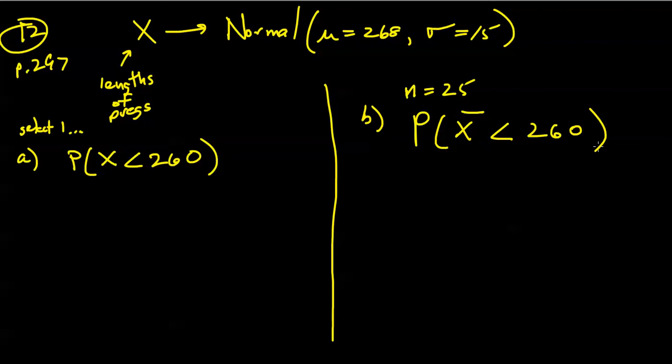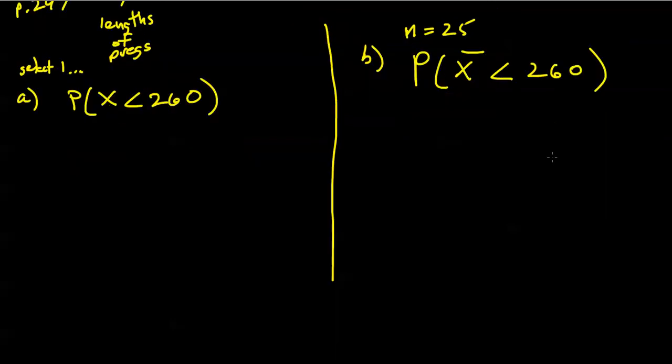So you can judge, maybe it's a good idea to think, which answer would be greater, the answer to part A or the answer to part B? If we're talking about being away from the mean of 268, I'll let you try to chew that out. I can grind out part A with my normal CDF command.